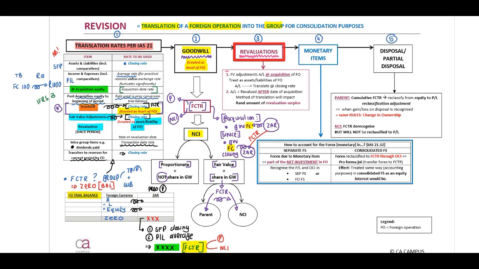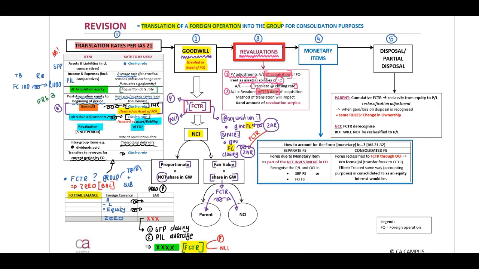We can have a revaluation, or we call this a fair value adjustment, either at acquisition date, or we can have a revaluation fair value adjustment after acquisition date. But how do you treat this, guys? If there is a revaluation at acquisition, you will treat this as an asset or liability of our foreign operation.